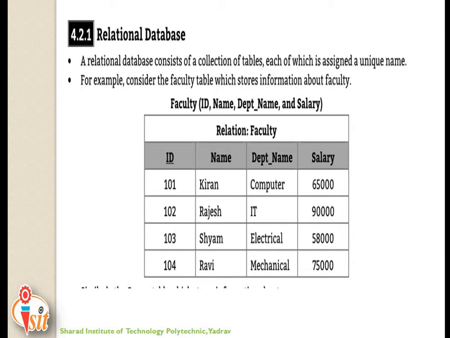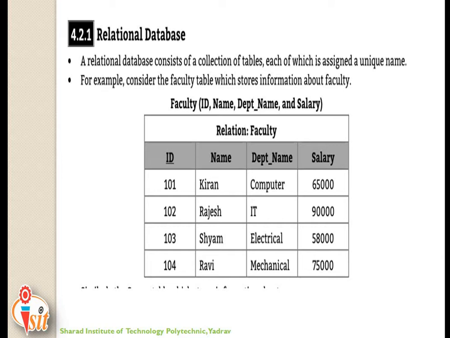It consists of a collection of tables, each of which is assigned a unique name. For example, here is one table, the faculty table, which stores information about faculty. The table is of faculty, that is the relation is faculty, and the schemas under that are ID, name, department name and salary.